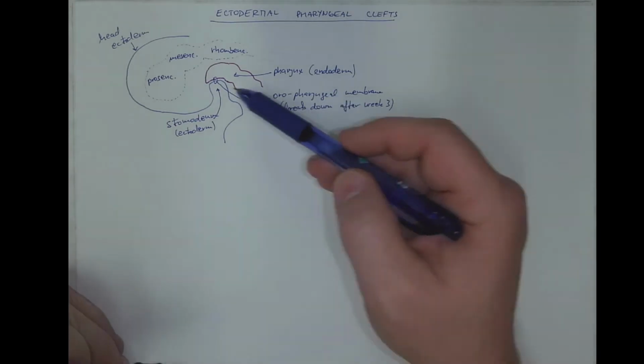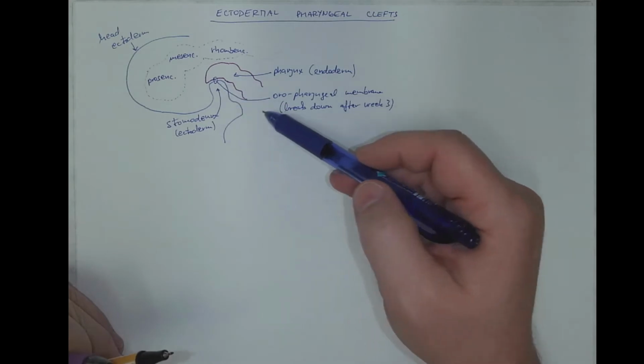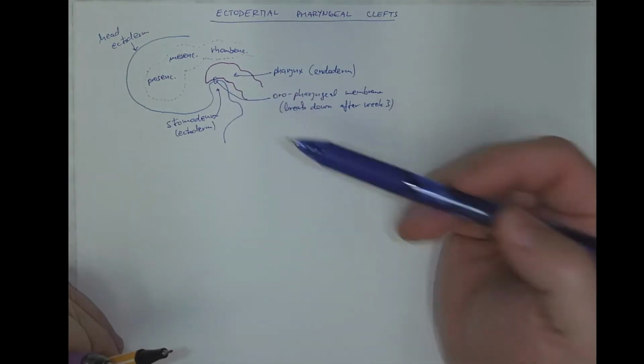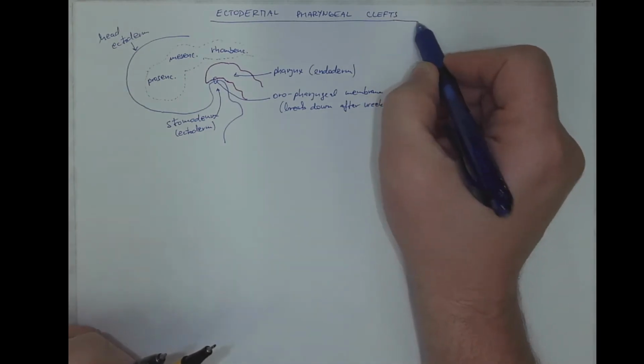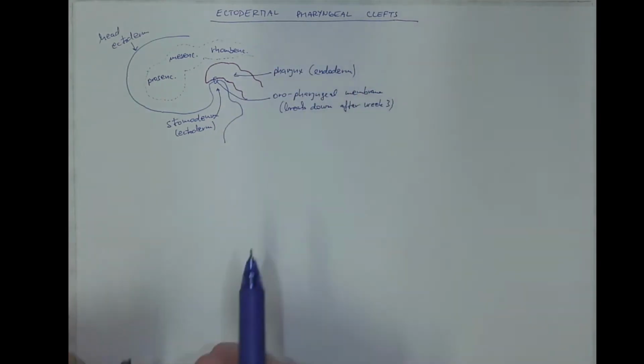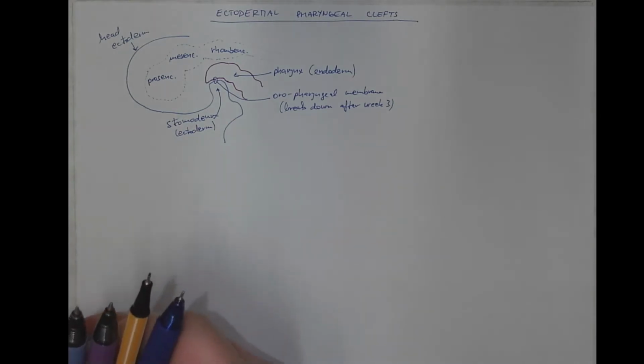Now we need to have a closer look at this region of the embryonic pharynx to explain the pharyngeal clefts, the ectodermal pharyngeal clefts, and later on also the endodermal pharyngeal pouches.